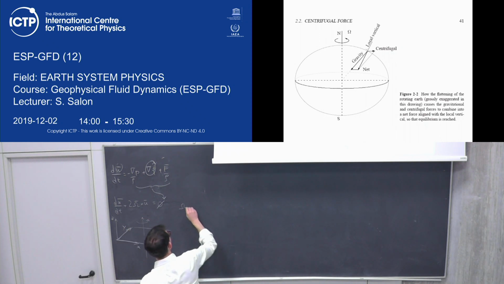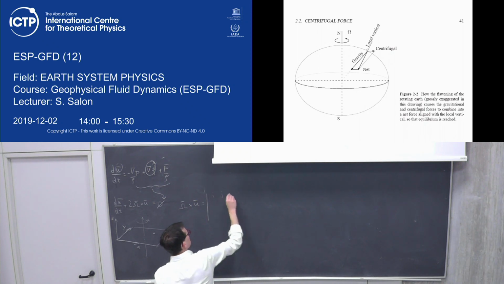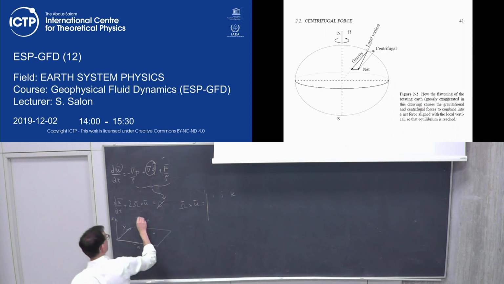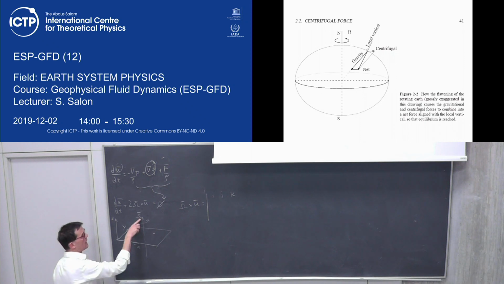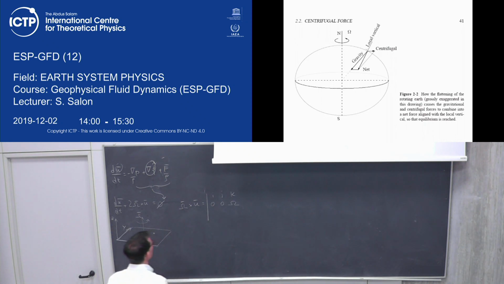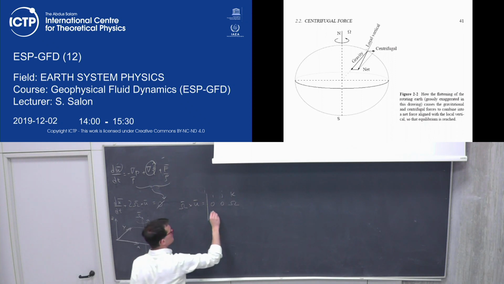So I can calculate the vector product. So in this case, the rotation has only a component over z, because there is no component over x or y, so I can use 0, 0, omega. And then I will have, in the more general case, a u and v component over the plane.